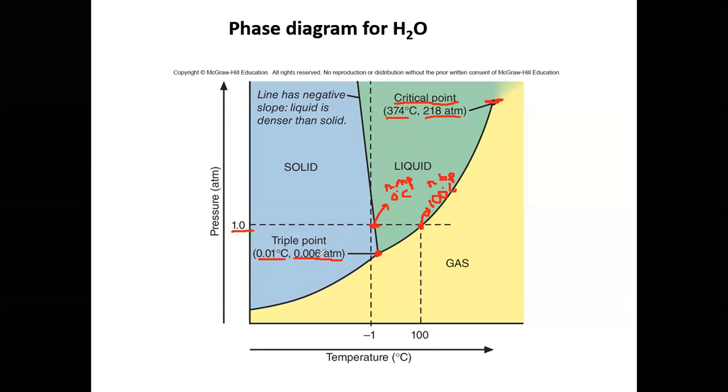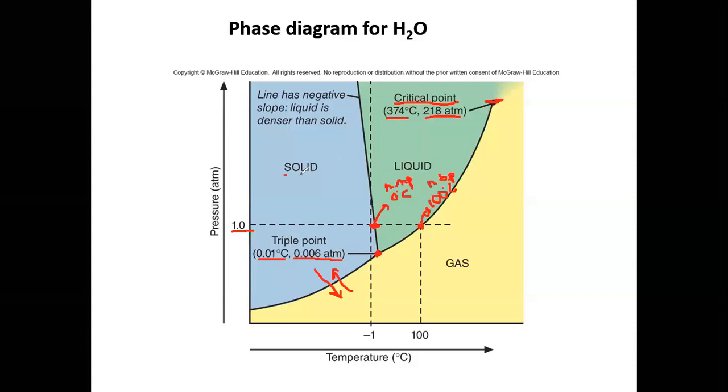Now, if we reduce the pressure of ice below 0.006 atmospheres, then we can undergo sublimation and deposition. So it takes a very low pressure and very cold temperature to sublime water.